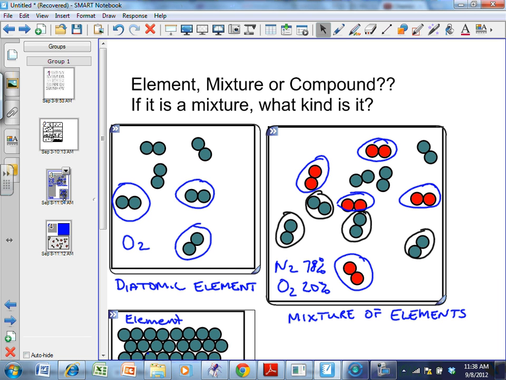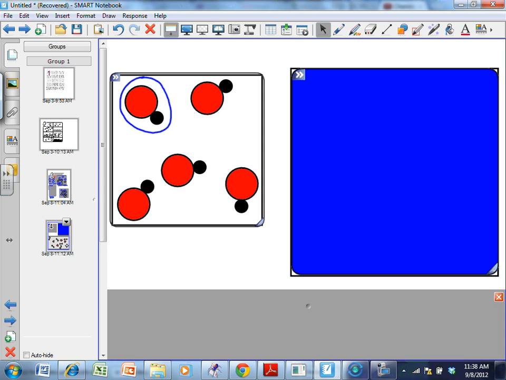This is a molecule of an element. I'm up here in red now, so you can see. That's a molecule of an element. Those two atoms are the same, so that's why it's an element. In this case, these two atoms are different. It's a compound.